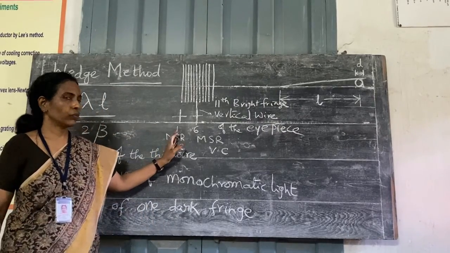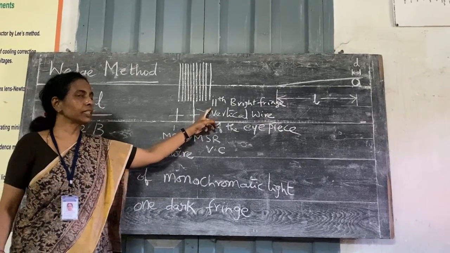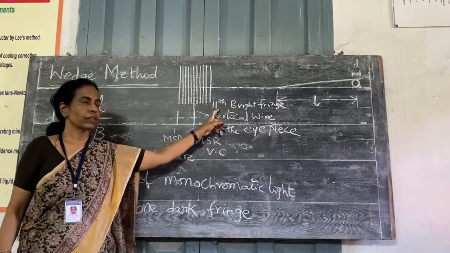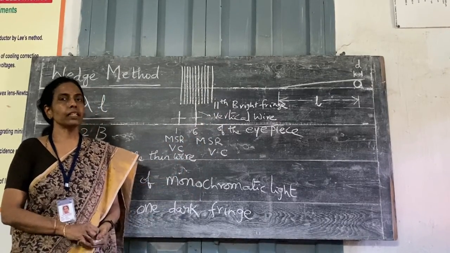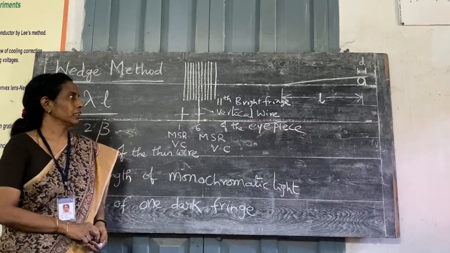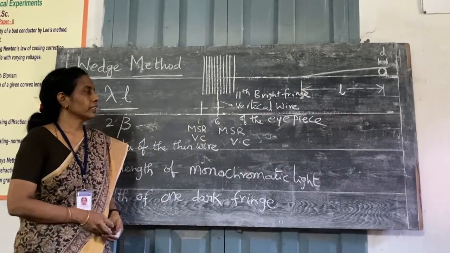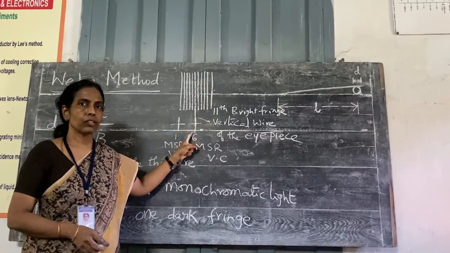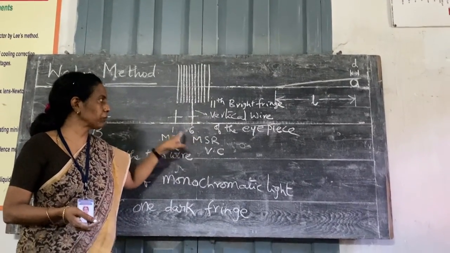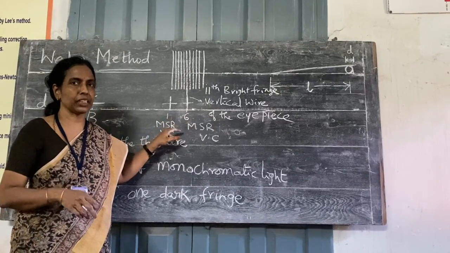After the 6th, we will take the 11th bright fringe readings as MSR and VC on the horizontal scale. Again, the difference between these readings gives 5 beta.